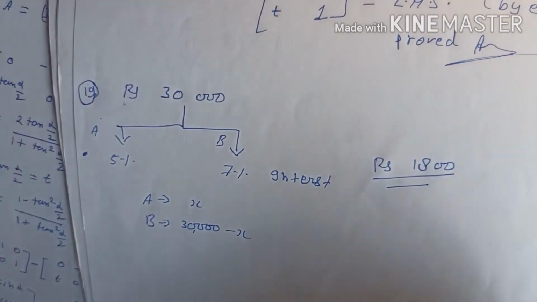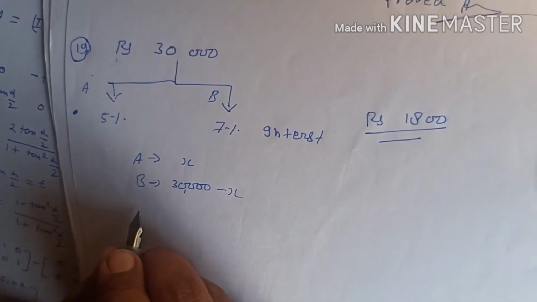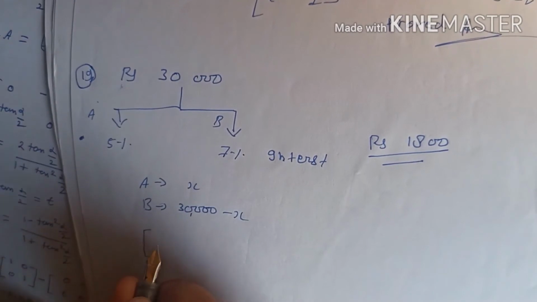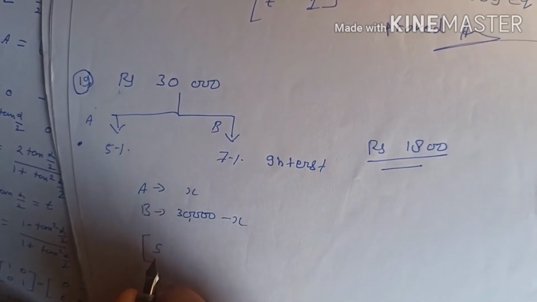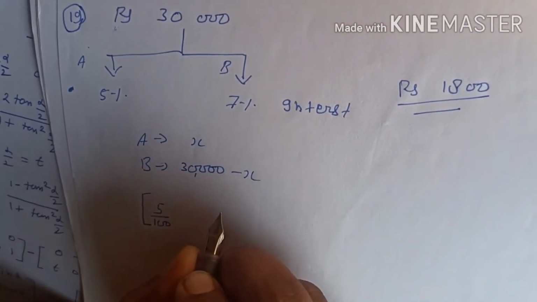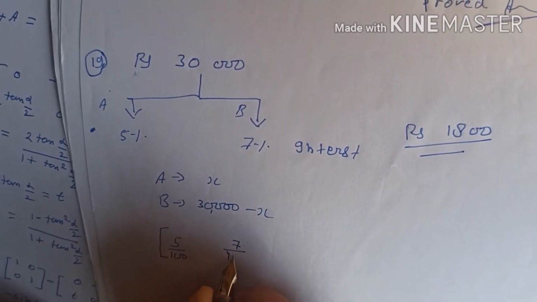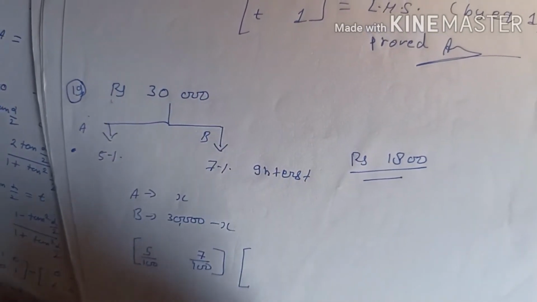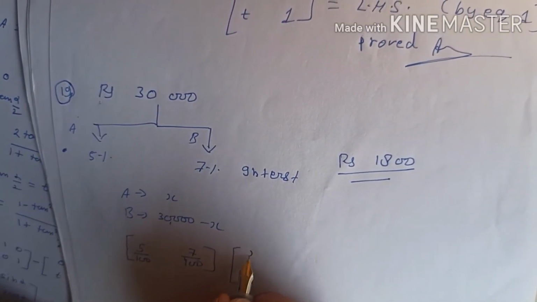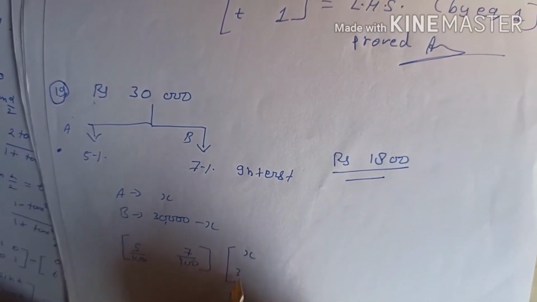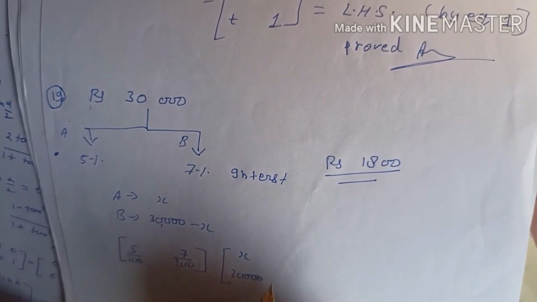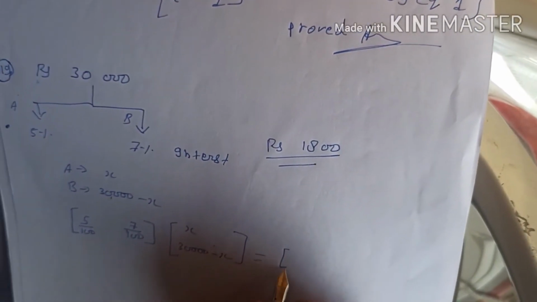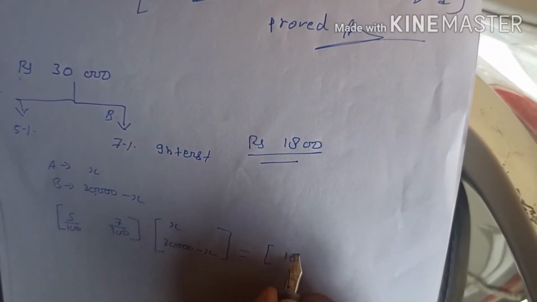So I write it like this. First is a row: 5 over 100 for 5% interest, and 7 over 100, and it is multiplied by the column: the first one is X amount and the second one is 30,000 minus X, and the total value is a 1 cross 1 element, 1800.